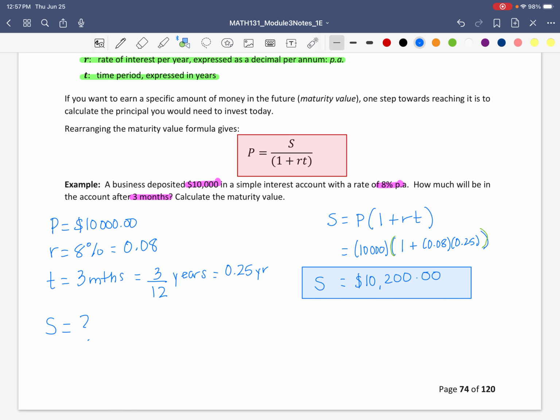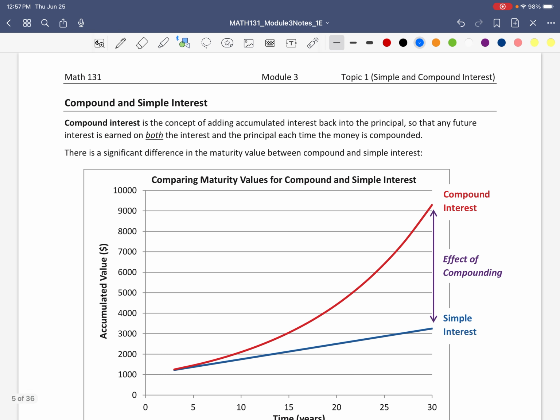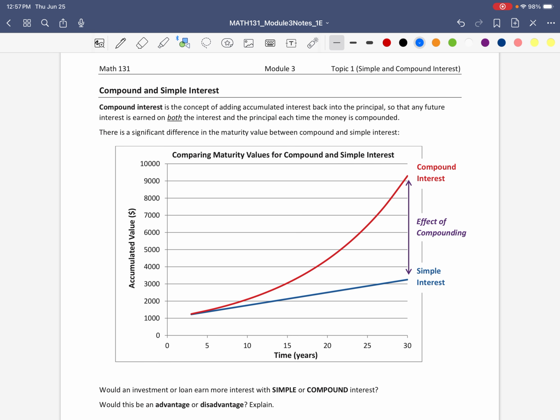All right, so before we stop this video for the next video, which will start with compound interest, let's quickly compare the two. So as we start to talk about compound interest, this is really great at comparing the two. So what is compound interest?